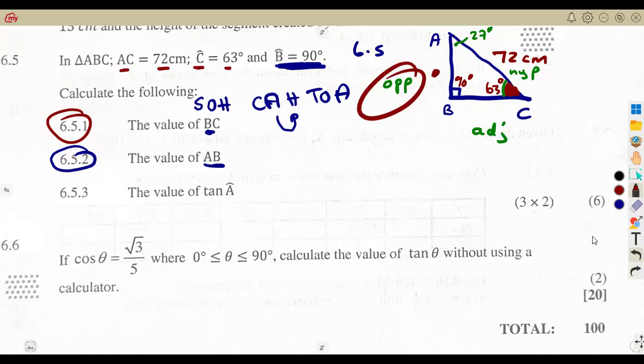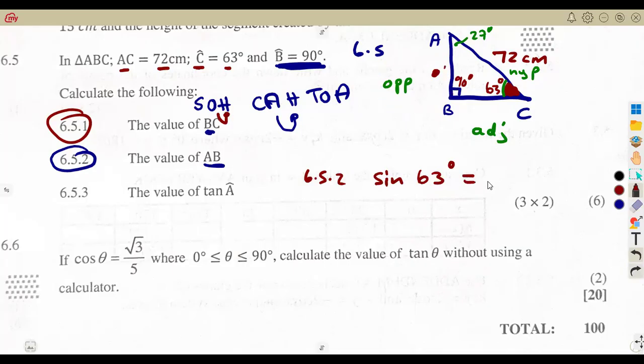AB is the opposite, and I have the hypotenuse. Opposite and hypotenuse, that is for sine. So we are going to use the sine of theta. That is sine 63 degrees, equal to opposite over hypotenuse, which is AB over the hypotenuse, 72, just like that.